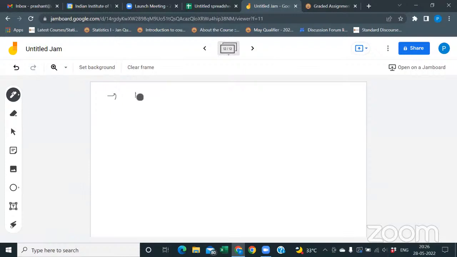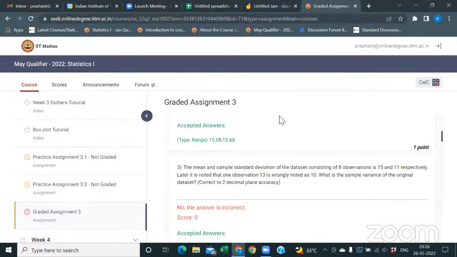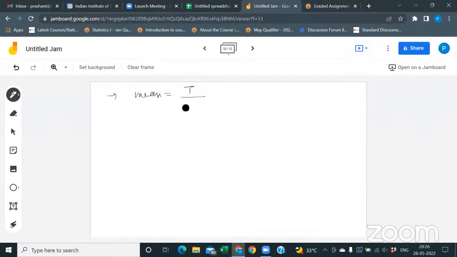Maybe I'll just look into the question. The old mean will be the sum of observations, suppose the sum of observations is t, divided by n. Replace minus 10 and then add 16, sir. Yeah, you have to subtract the wrong one and add the correct one. Okay, then you will get it.